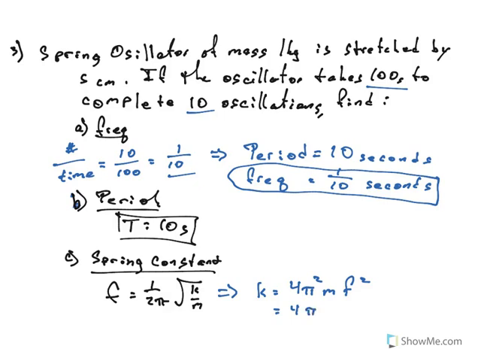The mass for this problem is 1 kilogram, and the frequency we found was 1 over 10, squared. And we get the spring constant k is 0.395 in this case.